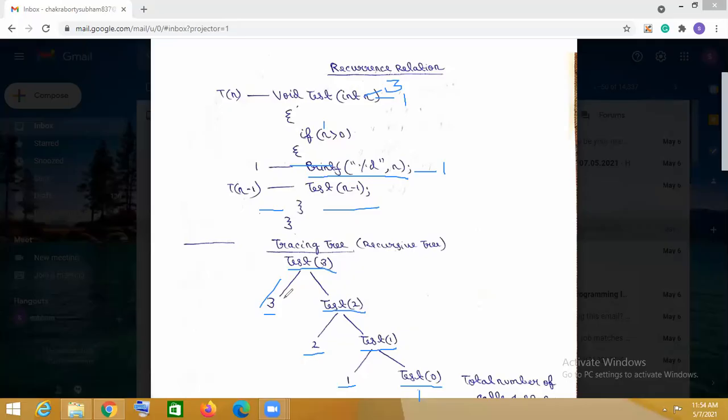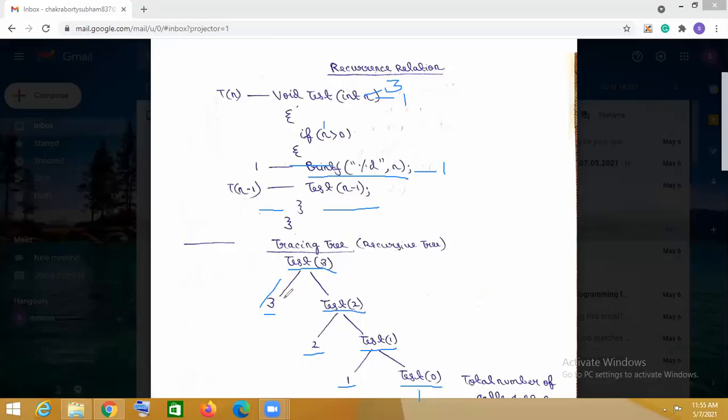Now, from there, we can say that the amount of work done depends on the number of calls. In this, our total number of calls is n plus 1.